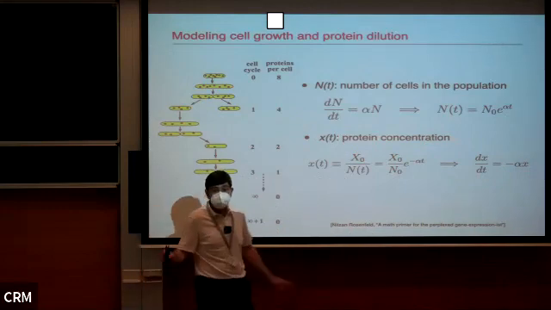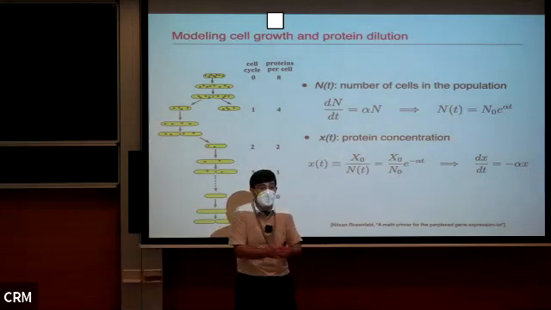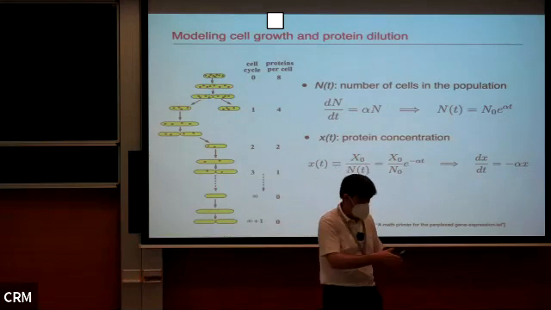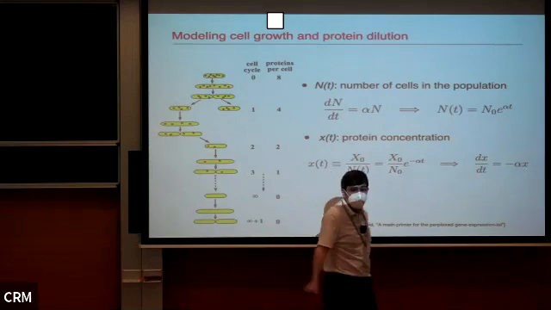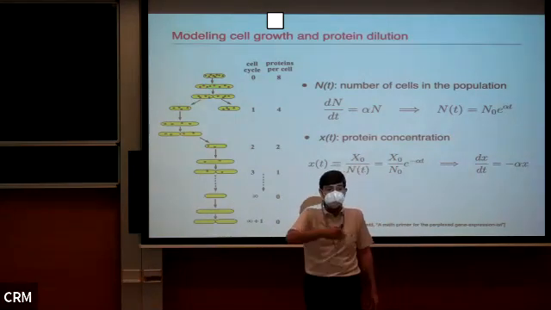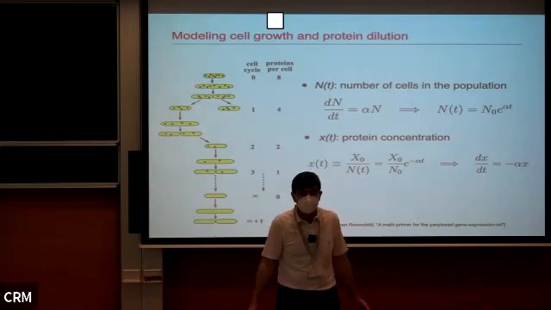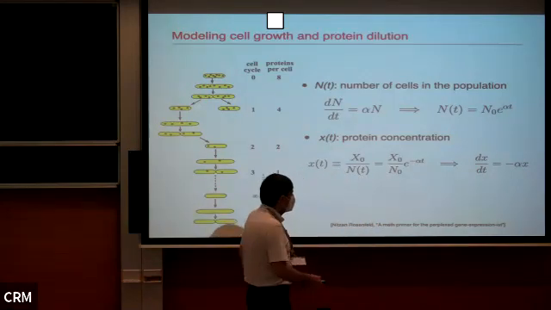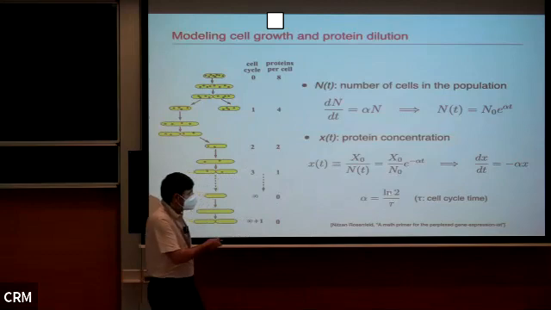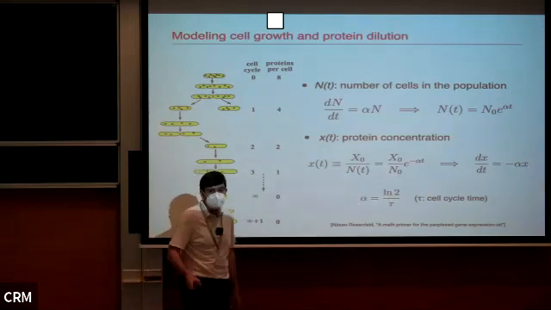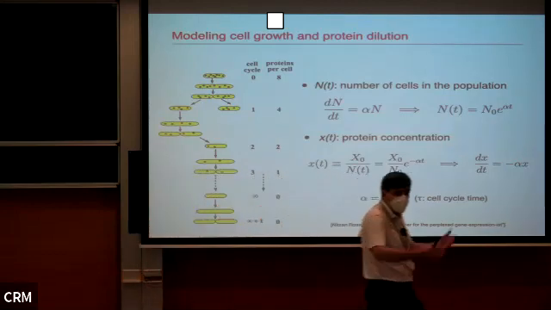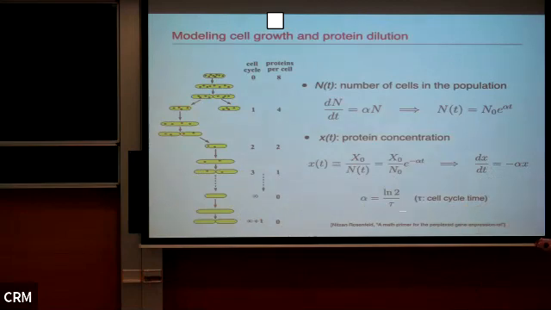But for biologists, it's very important because, look, if you want to model dilution, you just put a term like this in your differential equation of all the proteins that are going to be losing concentration for whatever reason. And of course, this coefficient here is related in this particular case with the cell cycle time in this very simple manner. So if we measure the cell cycle time, then we can measure this alpha.